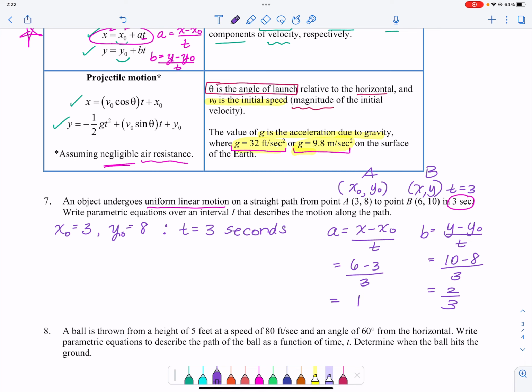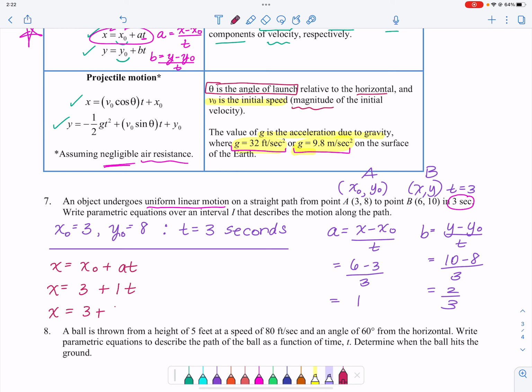Okay, so with that, we now have x is equal to x sub 0 plus at, so x is equal to 3, which was x sub 0, plus a is 1 times t. So x is equal to 3 plus t.